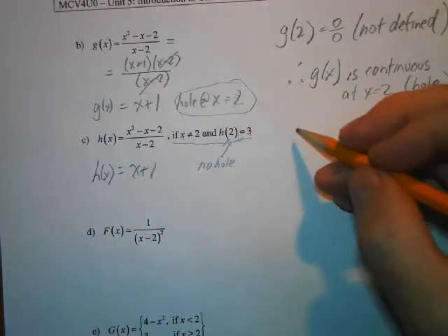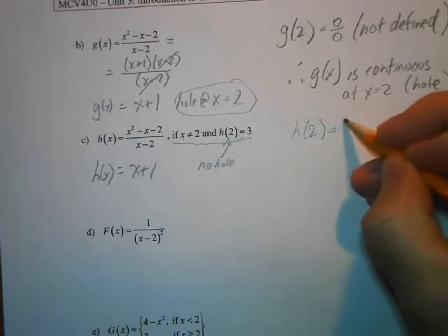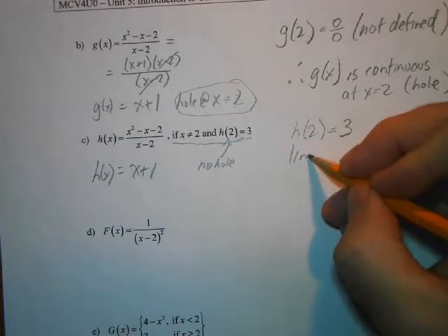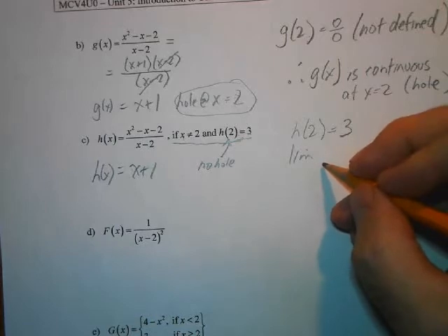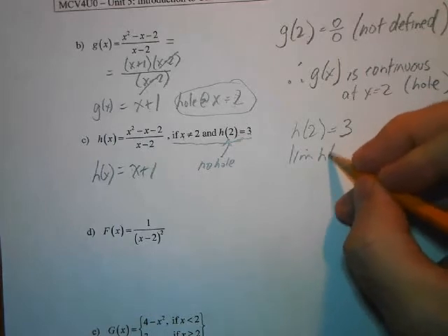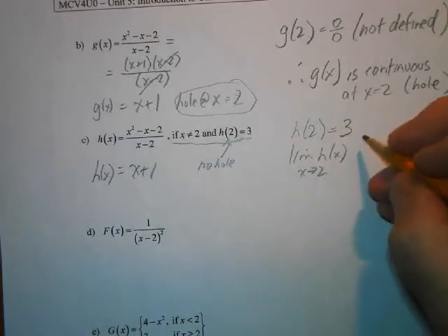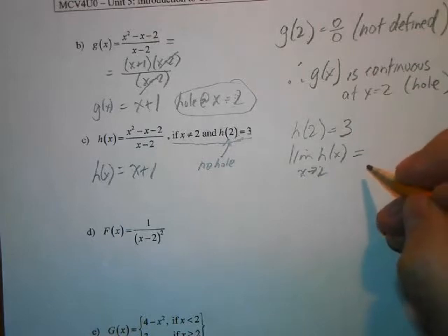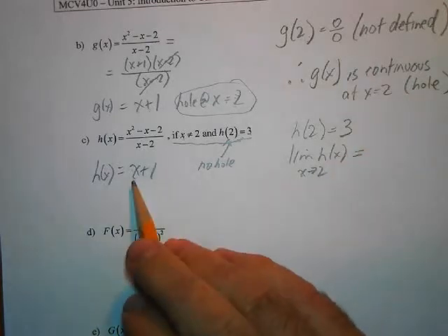We know that h of 2 is 3 because they just told us that, and we could say the limit of h of x as x approaches 2, I could just plug it into here.